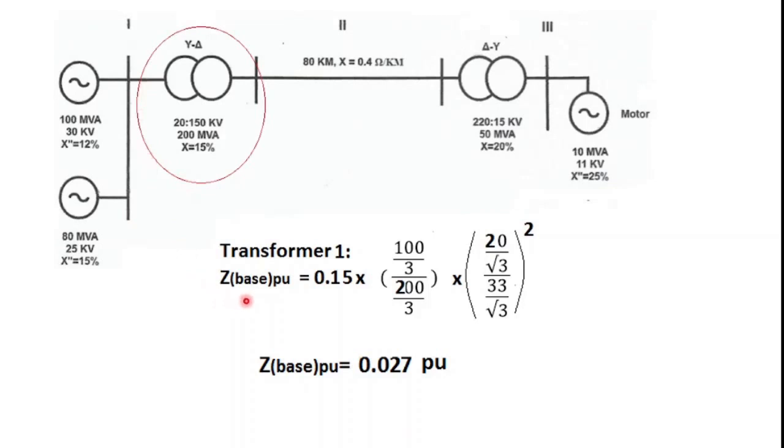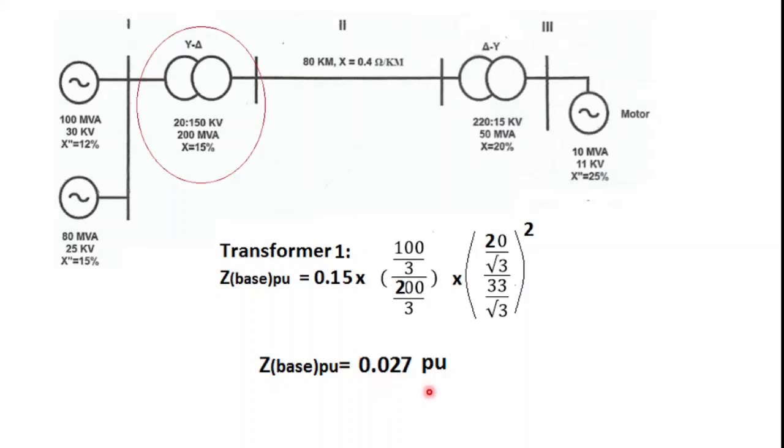We'll be applying the same formula in here as well, like 0.15, this is the 15%, into the S base new, which was 100 MVA, by this 200 MVA, which is the old S base, into V base old, which is this 20, as you can see, by the 33 kV, which is the V base new. So do the math and you will get the impedance in per unit equal to 0.027 pu.